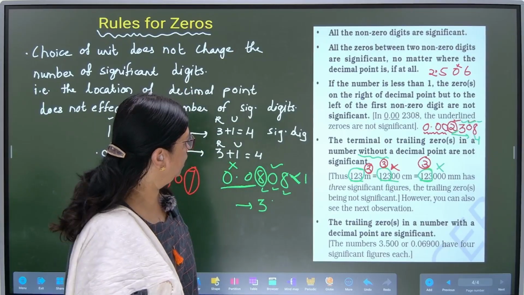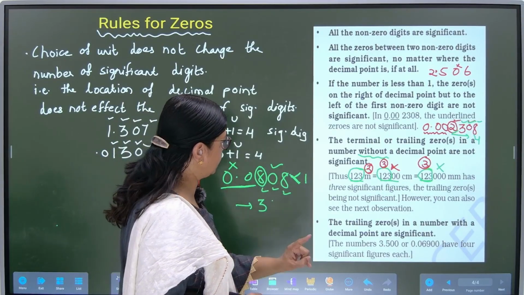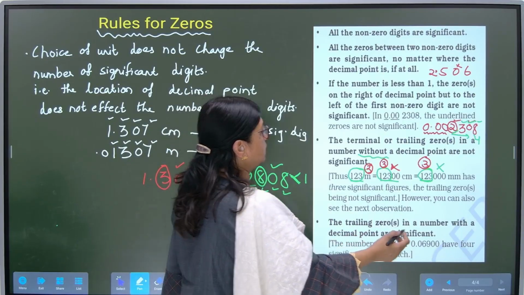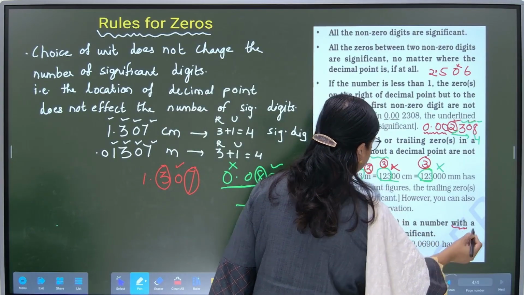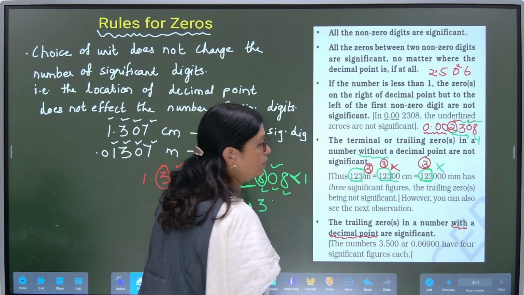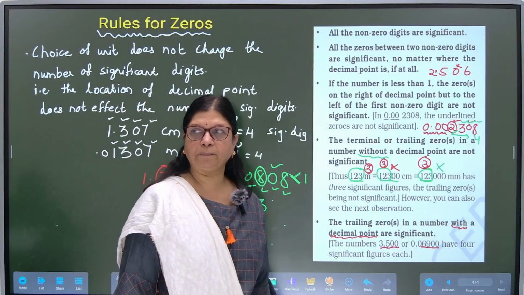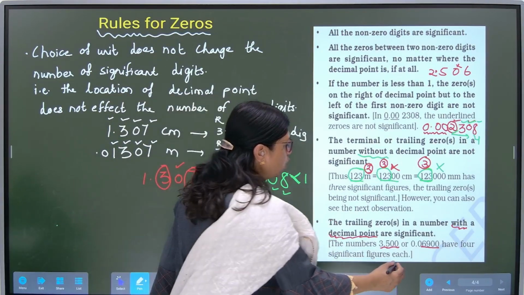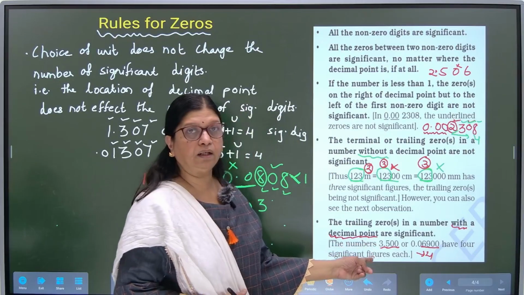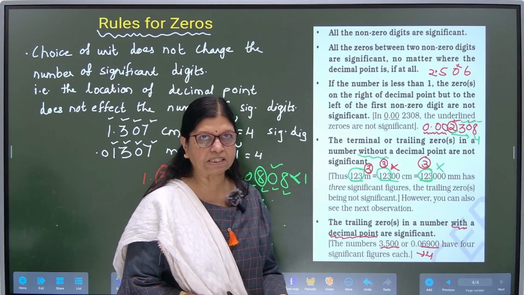Fine? Okay? Now, let's go to the last point, in which it is said that the trailing zeros in a number with a decimal point are significant. So this given number here has 4 significant numbers. Here 2 trailing zeros are available, but it is a precision, so we have to consider them.